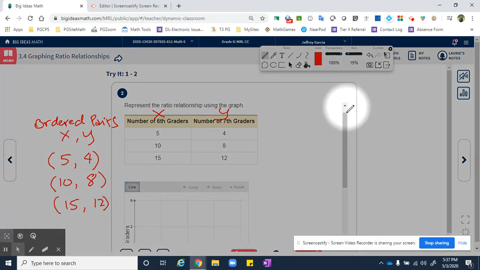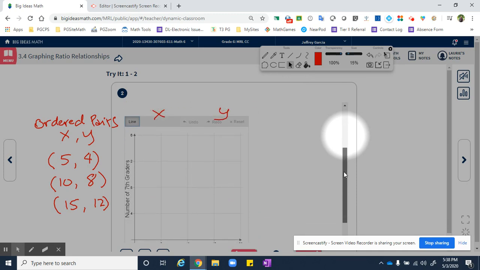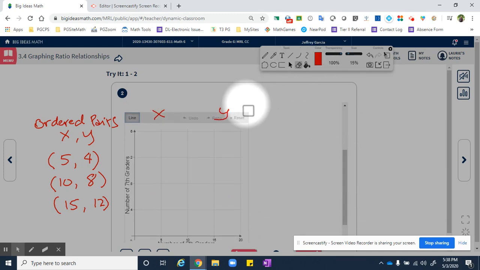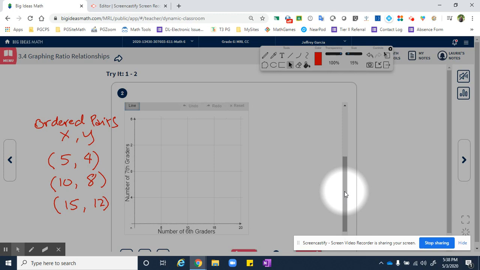Now let's graph. When we graph, the labels are already done for you, so it should be easy. Now, this is similar to your homework, so hopefully it will be easier for you. So the number of 6th graders, this will be your x-axis, and the y would be the number of 7th graders.